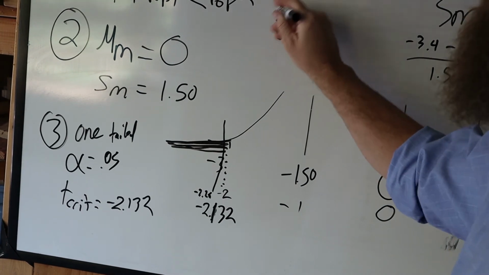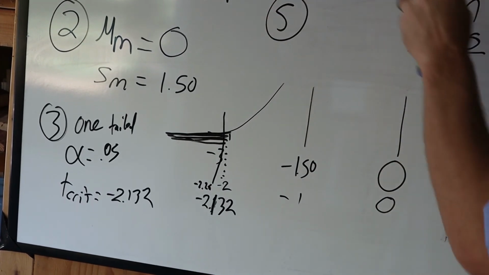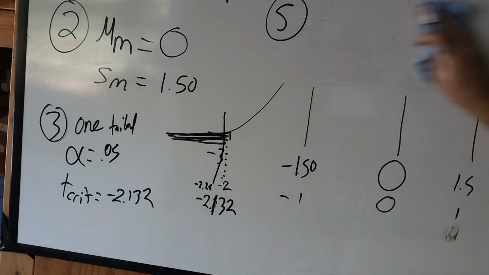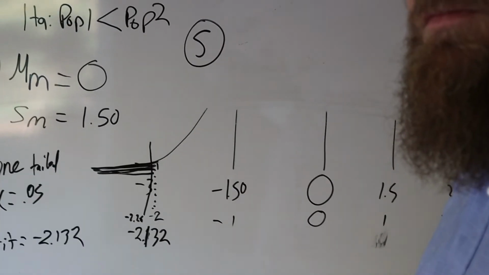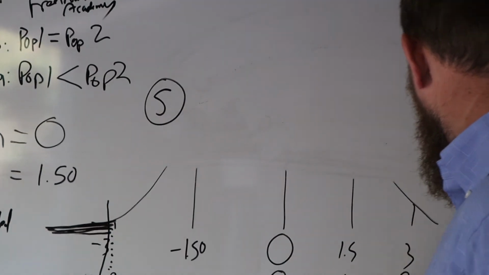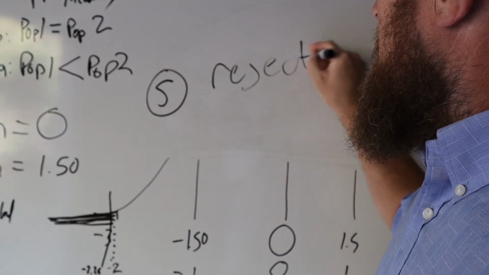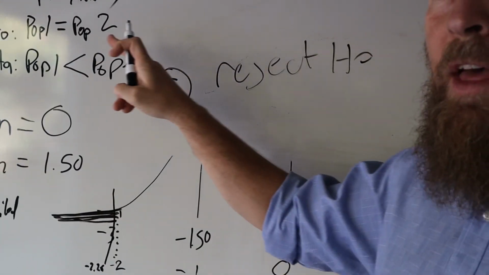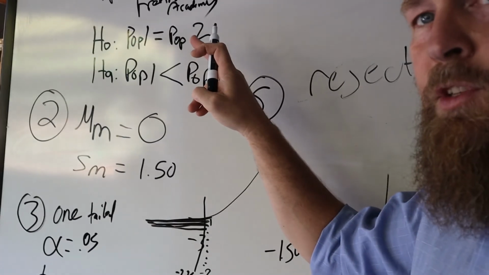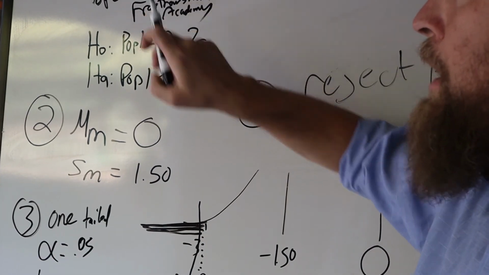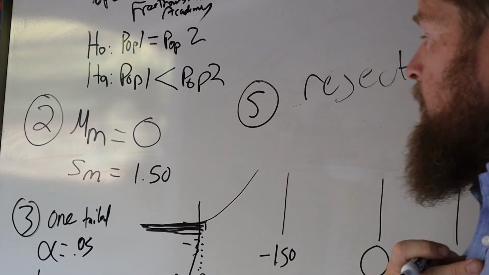So step 5, we're going to reject the null. Now in rejecting the null, the null hypothesis suggested that there was no difference between population 1, that's people in general, and population 2, that's people that have taken my free throw shooting class.